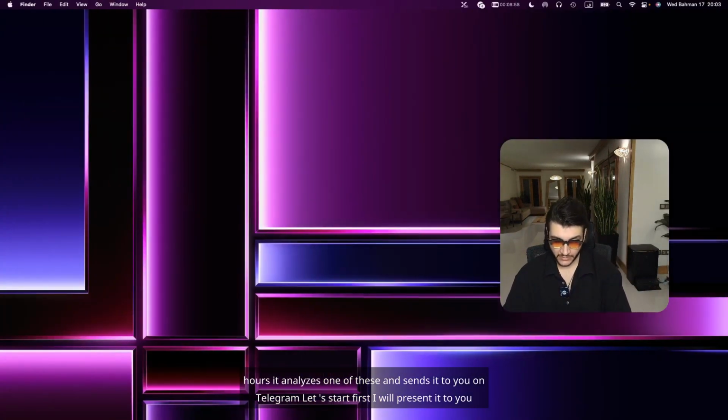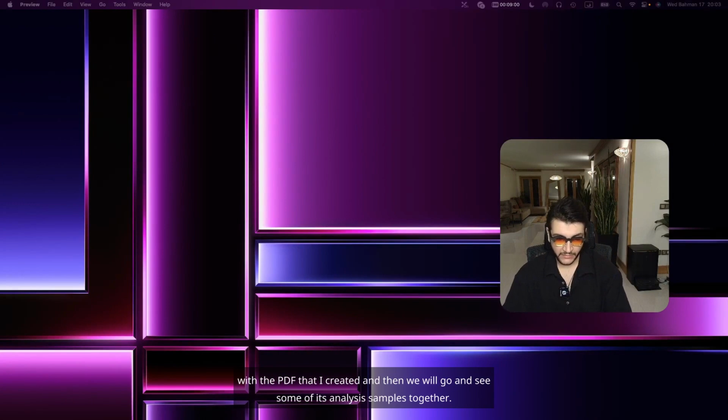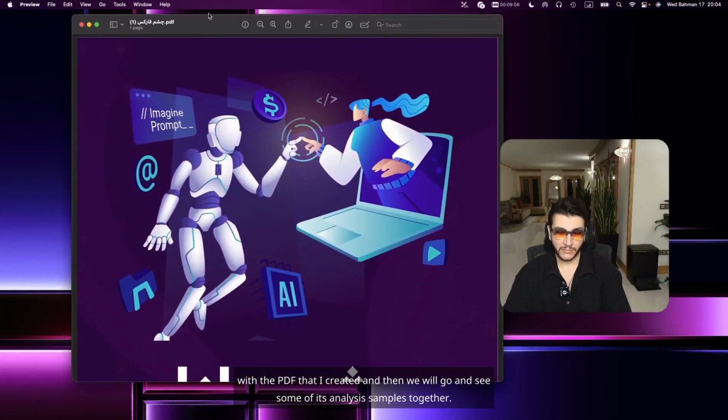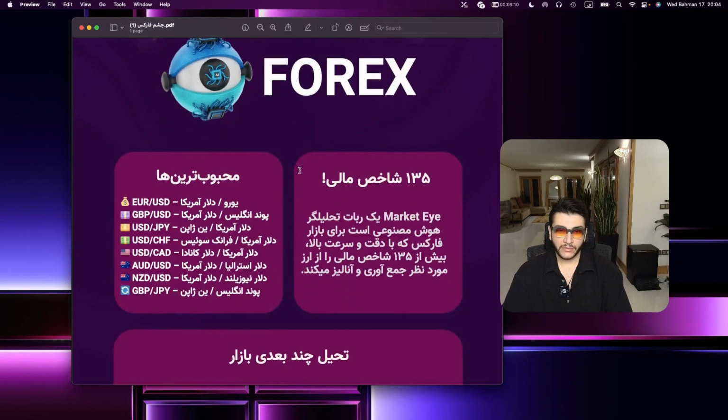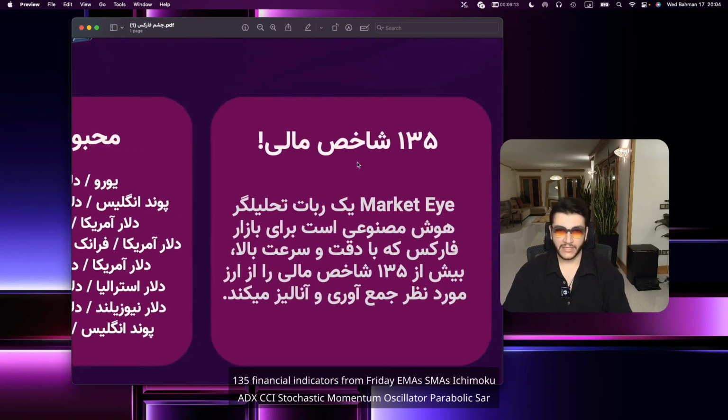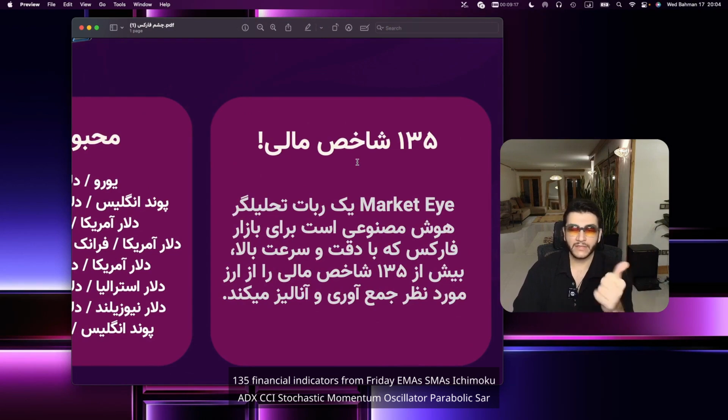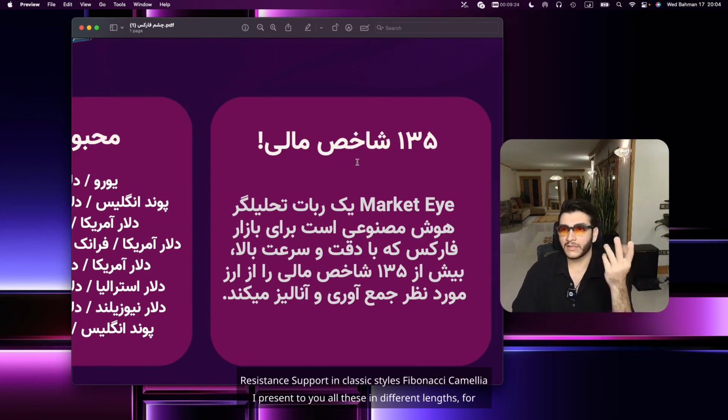Let's start first. I will present it to you with the PDF that I created, and then we will go and see some of its analysis samples together. 135 financial indicators from Friday: EMAs, SMAs, Ichimoku, ADX, CCI, stochastic, momentum, oscillator, parabolic SAR, resistance, support in classic styles, Fibonacci, Camarilla.